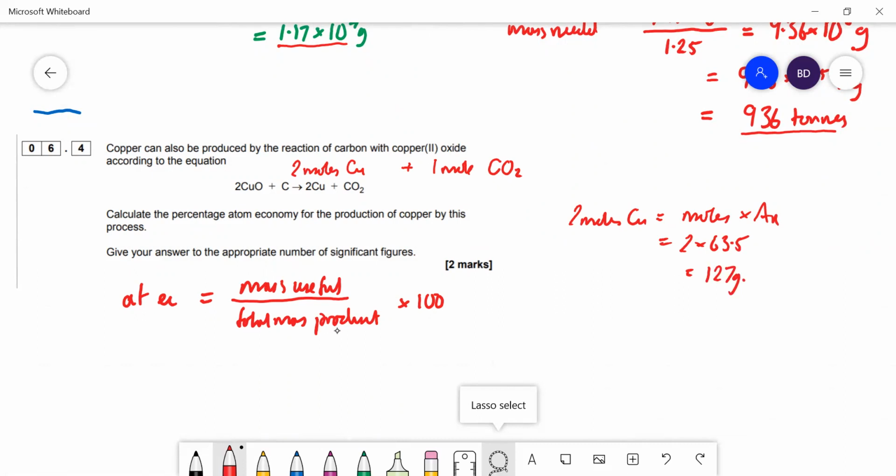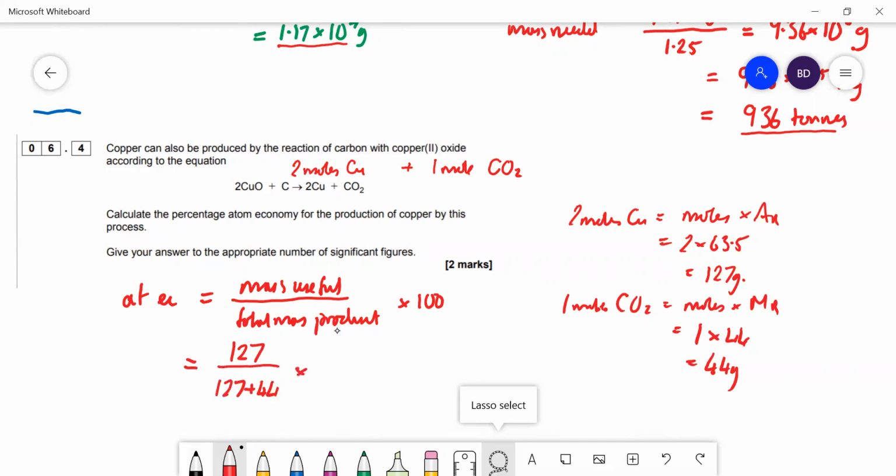And then the mass of 1 mole of carbon dioxide is just moles times Mr, which is equal to 1 times 44 grams. So the percentage atom economy is going to be 127 over 127 plus 44 multiplied by 100, which gives us 74.3%.